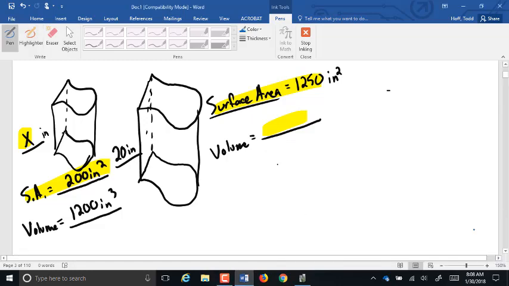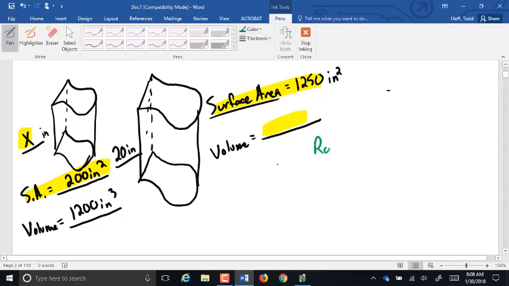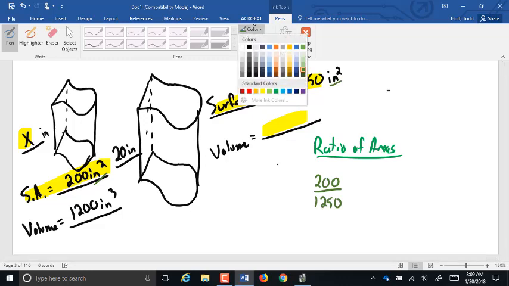Okay, let's see what progress you've made. We are starting out here with the ratio of areas, which is, in this case, 200 over 1,250. Now, I don't have to include the inches squared because that's just going to cancel out.